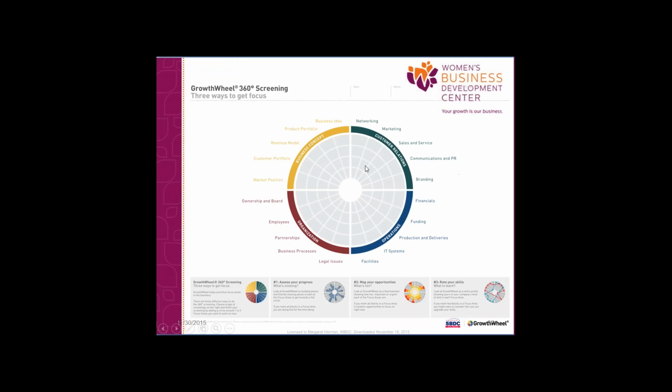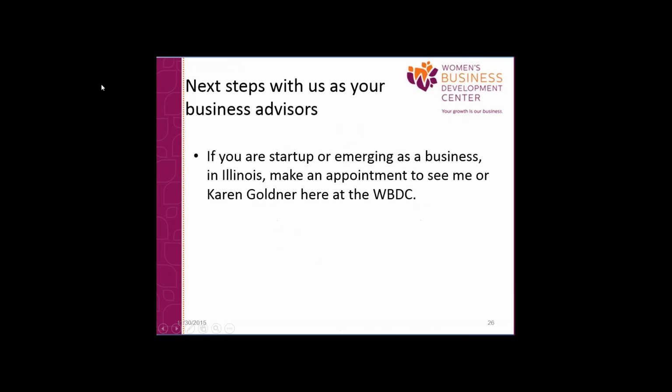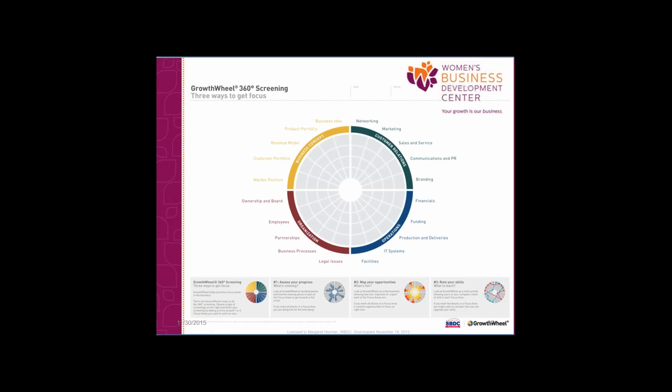So remember, this is the Growth Wheel tool, and if you haven't used this already, you really should. It is an opportunity for you to really identify those areas for growth, those areas for opportunity, those areas in which you have issues you need to work on that are creating barriers to your growth.